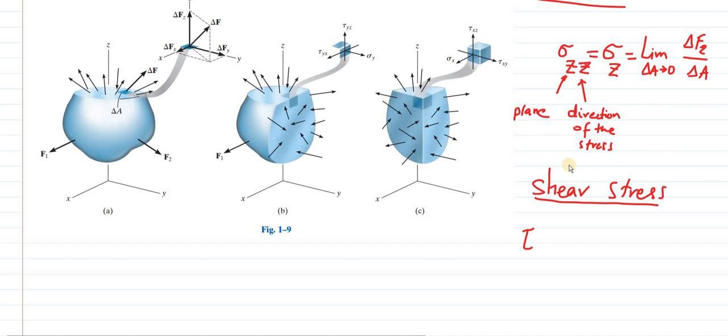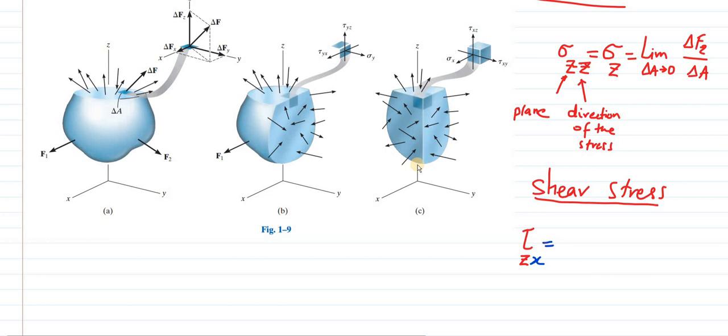So again, we have the same plane in consideration, the z plane, and next we will place a subscript to talk about the direction of the force. So we have tau zx. This x represents the direction in which this stress is acting.